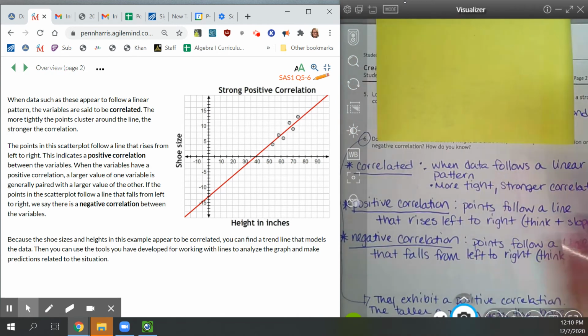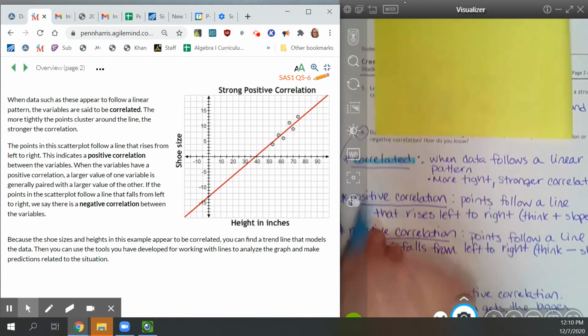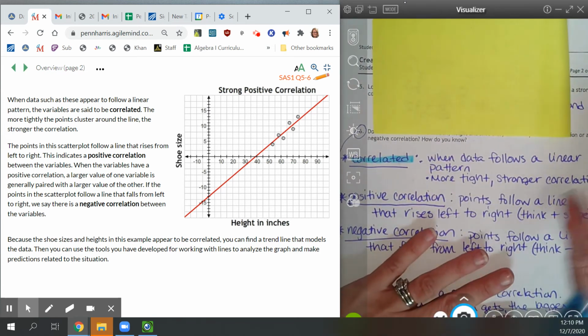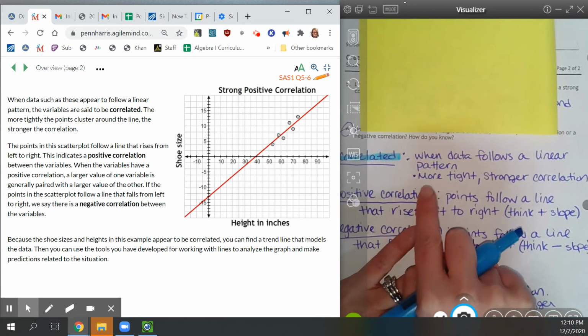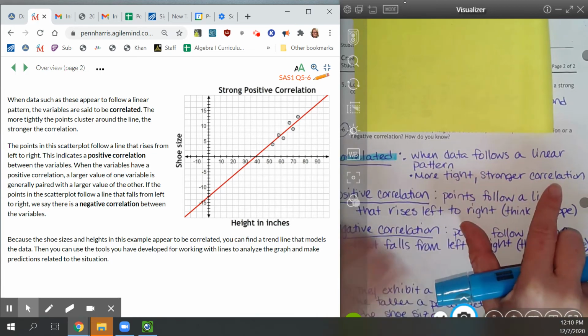The first one I want to talk about is correlated. Correlated, guys, simply means when points follow some kind of linear pattern. If the points are more tight to the line, it is what we call a stronger correlation.